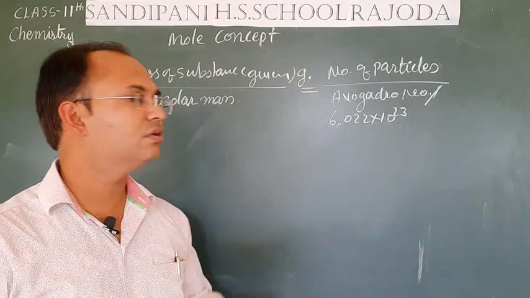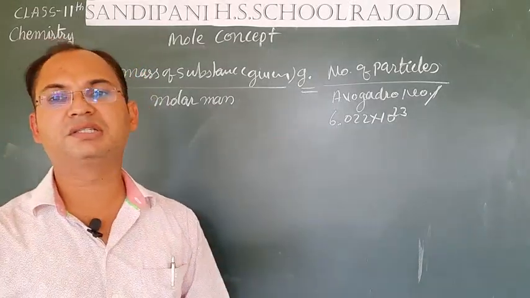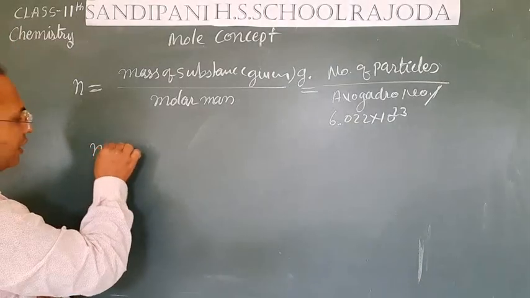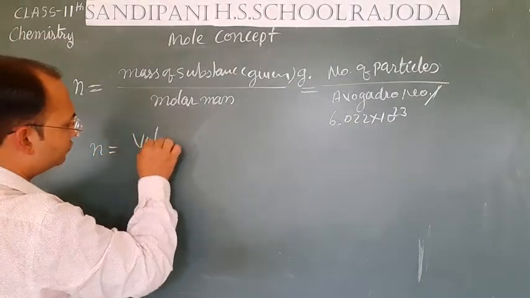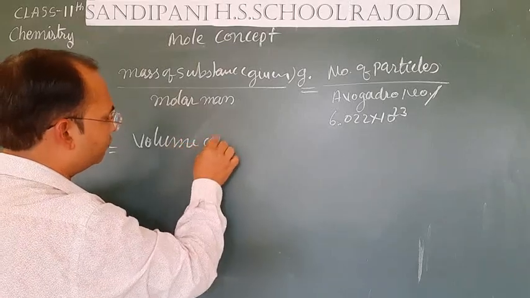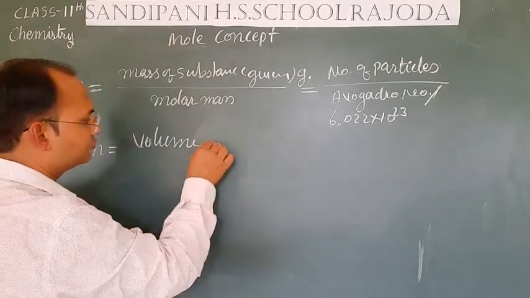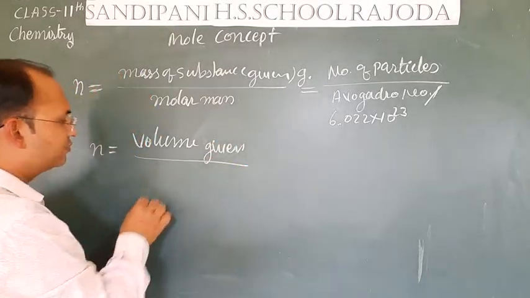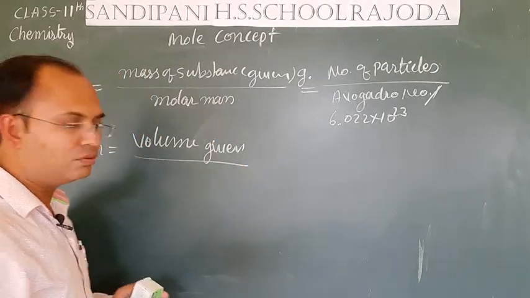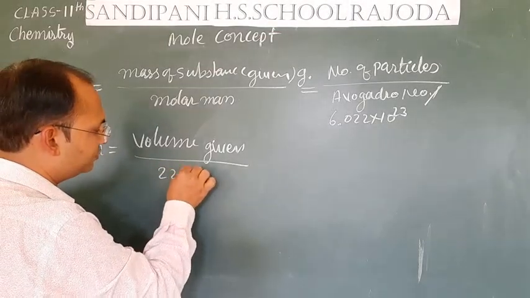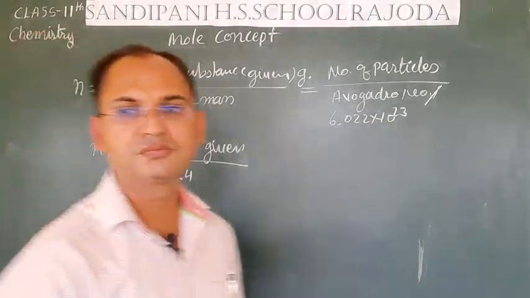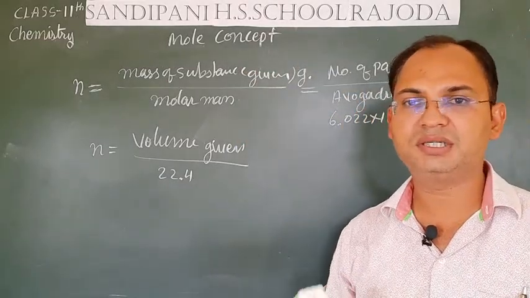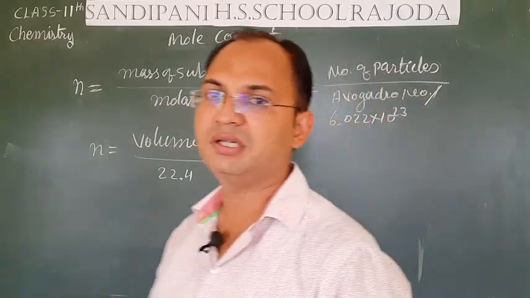And if the volume of the substance is given, then we can also modify it as n is equal to the volume given divided by the standard volume, or we can say 22.4 liter. So students, using these three formulas we can easily calculate the number of moles in the question if asked to calculate.